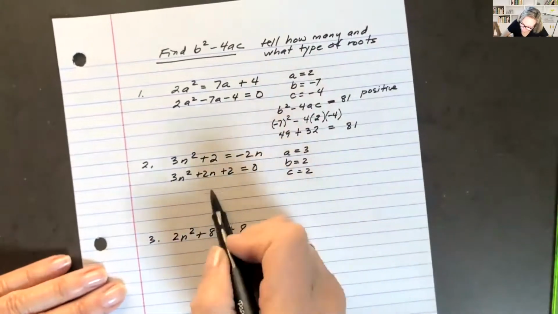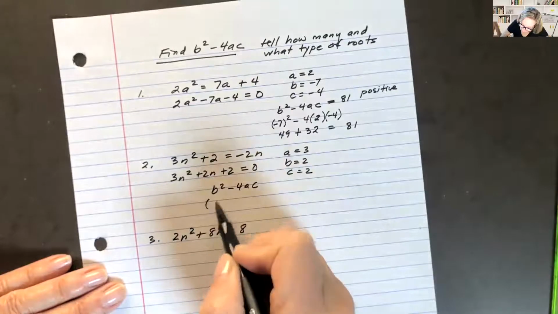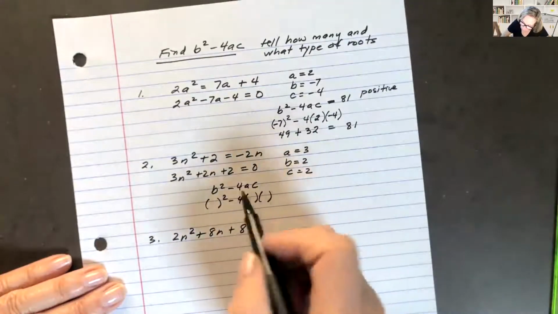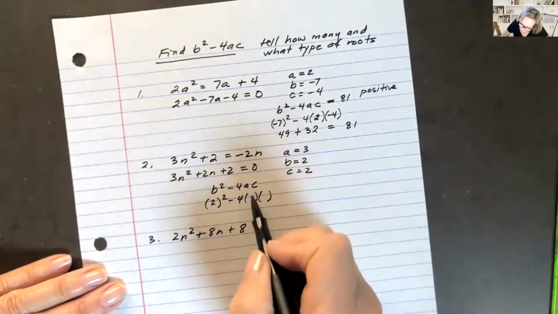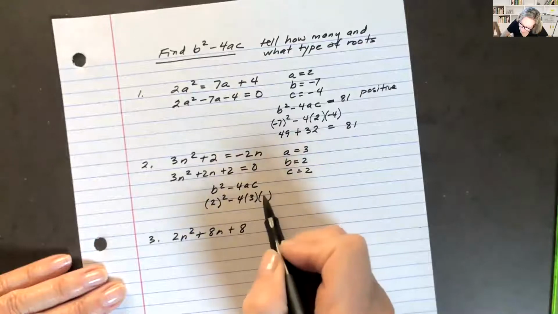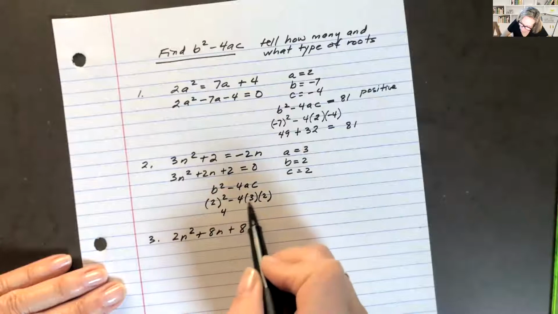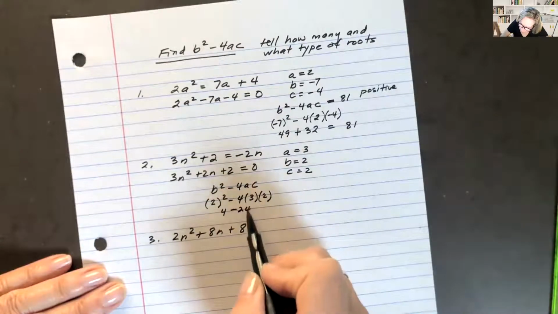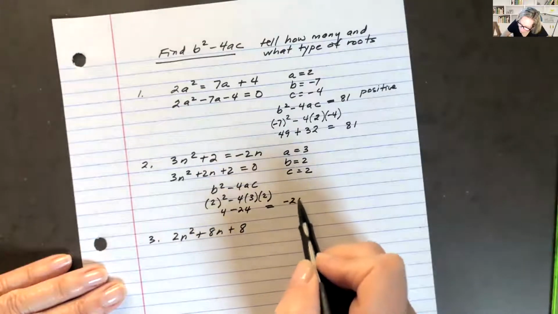So the value of b squared minus 4 times a times c. So b is 2 squared is 4, a is 3, and c is 2. So this is 4 minus 12 times 2, 4 minus 24. So the value of the discriminant in this case is negative 20.